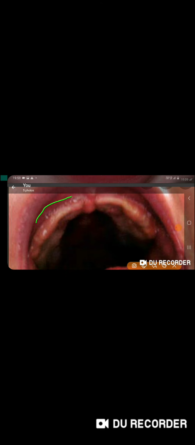The two portions of the gum pad are separated from each other by a groove called the dental groove, which extends from the incisive papilla and runs towards the molar area.